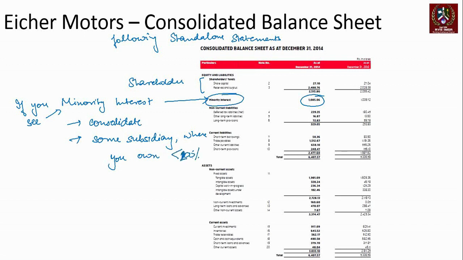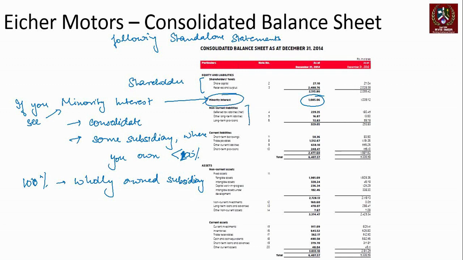If you own 100% in a subsidiary, that's known as a wholly owned subsidiary. In this case, you have a subsidiary which is not wholly owned. It is less than 100% that you have.